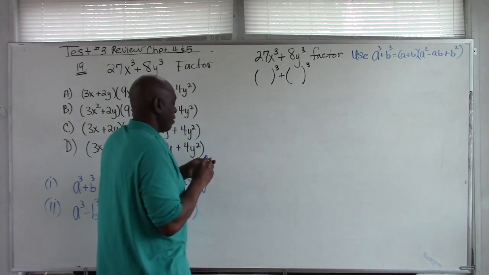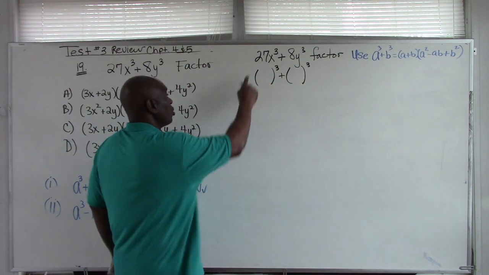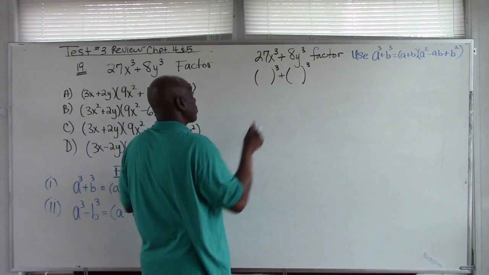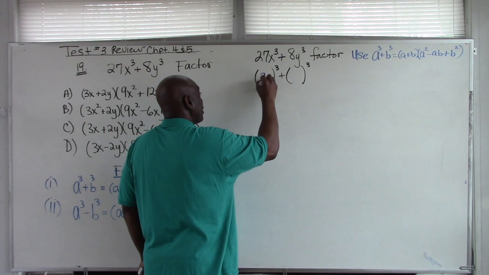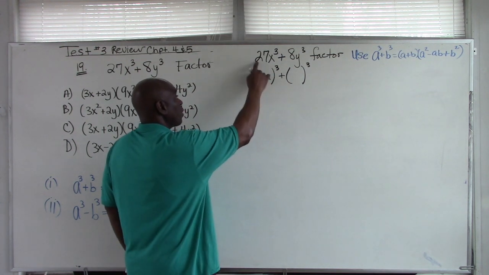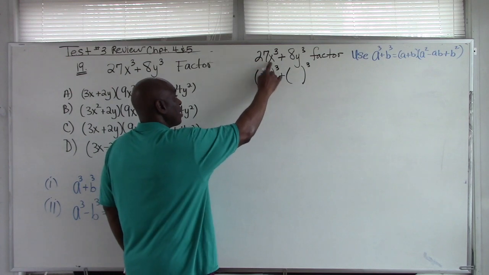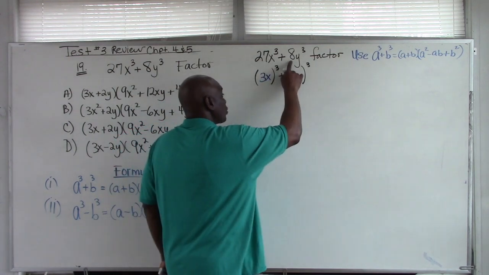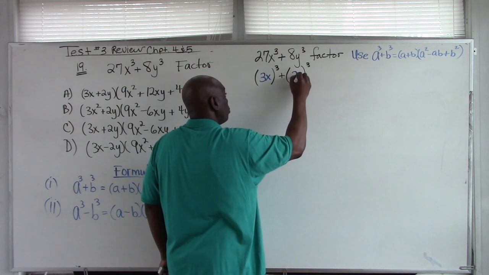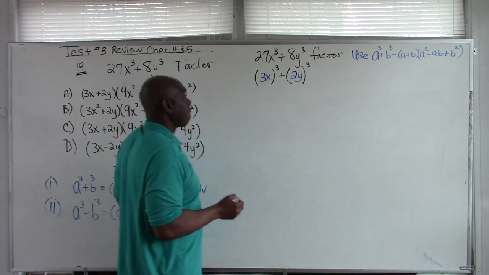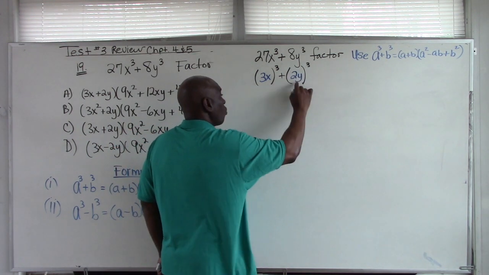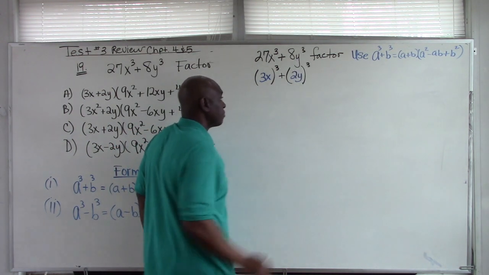What is the cube root of 27x cubed? 3x, because 3 cubed is 27 and x cubed is x cubed. How about 8y cubed? What's the cube root? 2y, because 2 cubed is 8 and y cubed is y cubed.